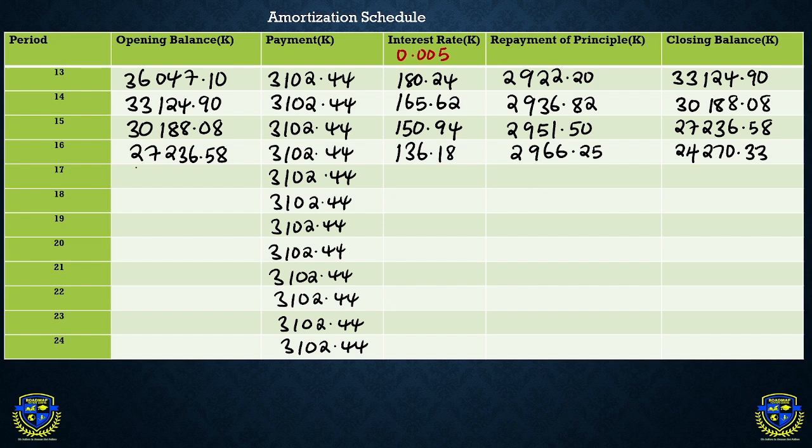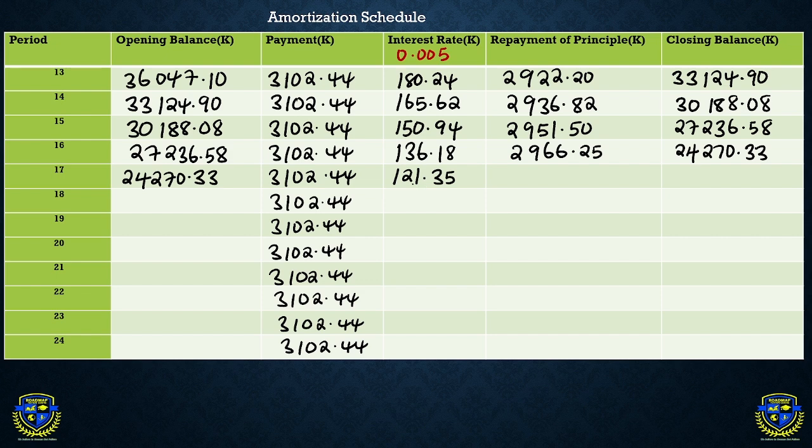Okay, so that becomes our opening balance, period 17, which is 24,270.33. Multiplied by 0.005, our interest is going to be 121.35.